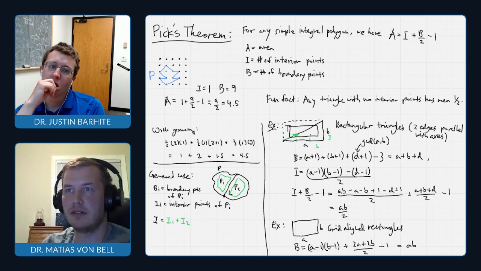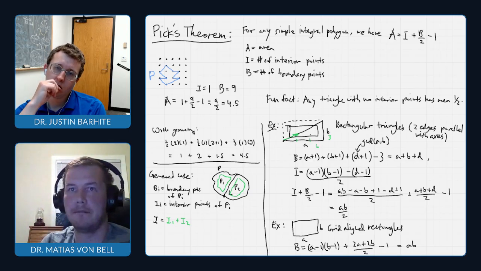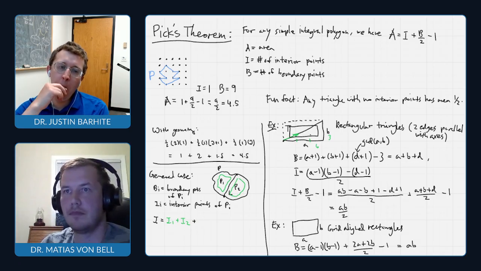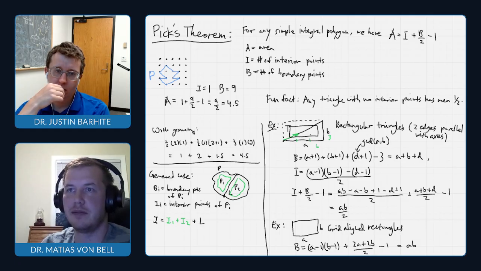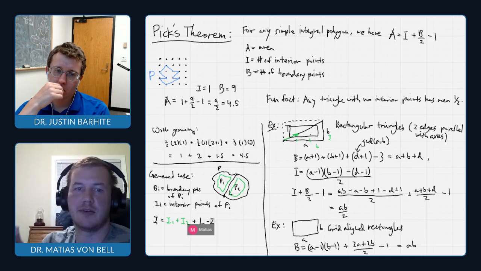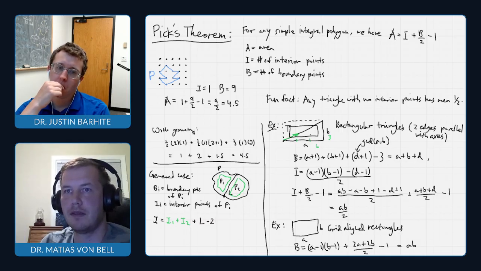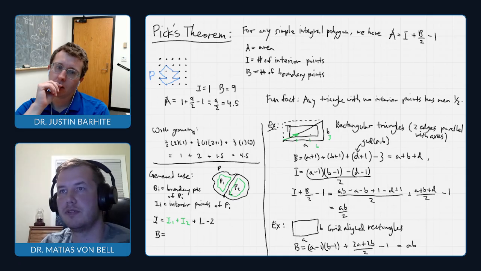Then the stuff along this line L that are also interior: we add the whole line L, the number of points on this line, to abuse notation a little bit, and then subtract the endpoints. So that's how we relate the interior points of the whole to the interior points of the pieces.